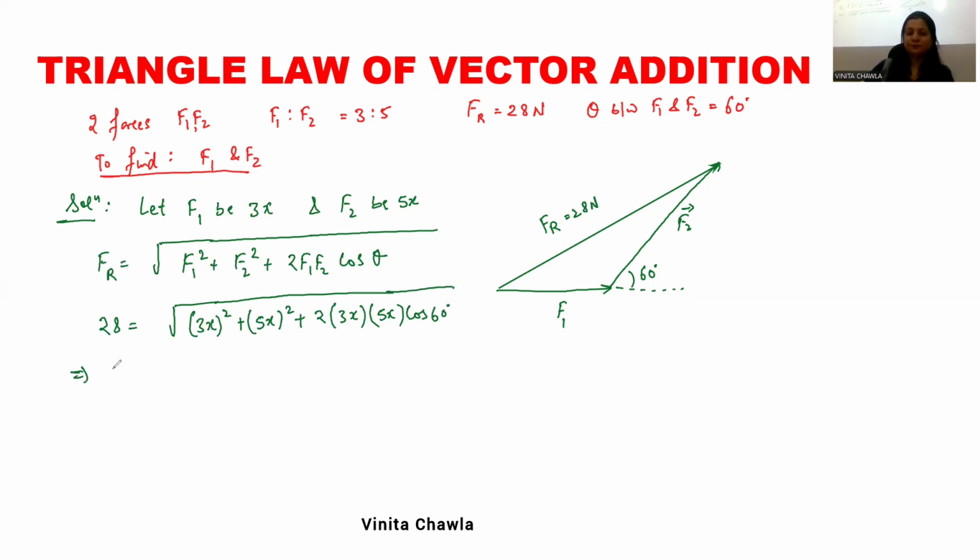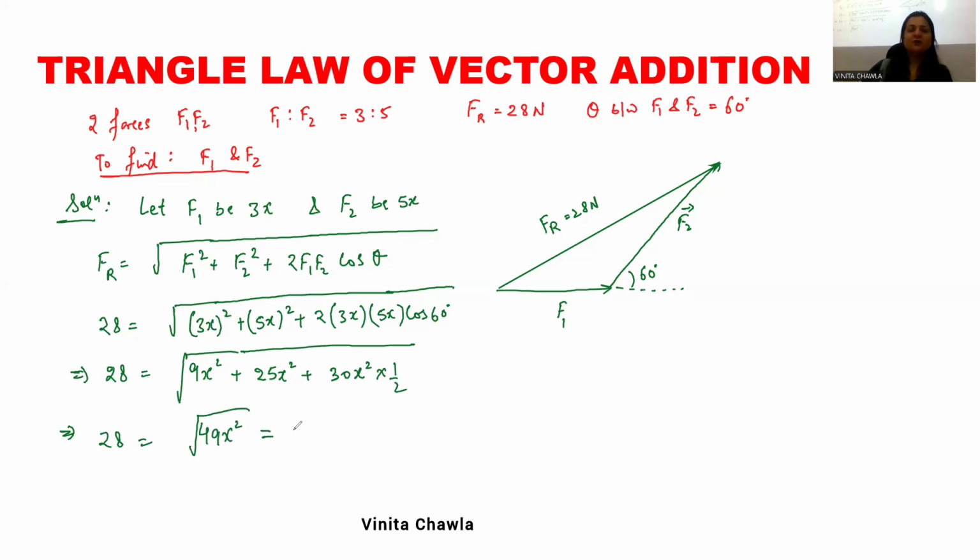28 is equal to square root of 9x square plus 25x square plus 2 threes are 6, 6 fives are 30, x square, cos 60 degrees is 1/2. This implies 28 is equal to square root of 49x square, which we can write as 7x. 28 by 7 is 4.